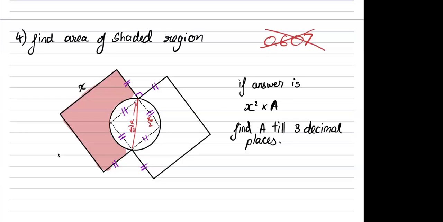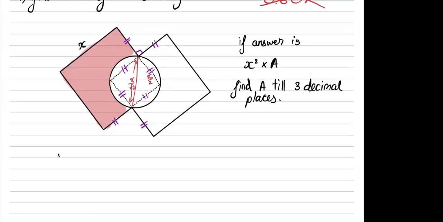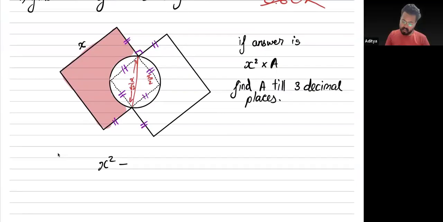Then I found the area of the whole square, which is x square, minus the area of the circle, which is x by root 2 whole square into pi. That is where you are going wrong, because when you remove the area of the entire circle from the square, you are removing this region also extra.